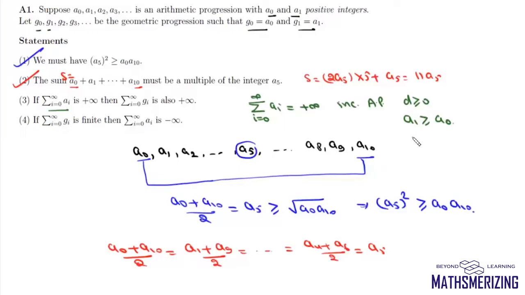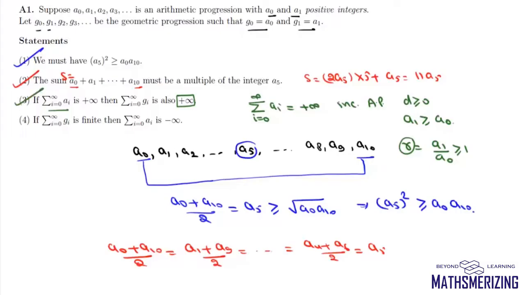Now for this GP, its common ratio will be A1 upon A0, and A1 upon A0 is greater than or equal to 1. And since R for this GP is 1 or greater than 1, and it contains positive terms, the sum of GP will also diverge. So the sum of the GP will also be plus infinity. That means statement 3 is also correct.